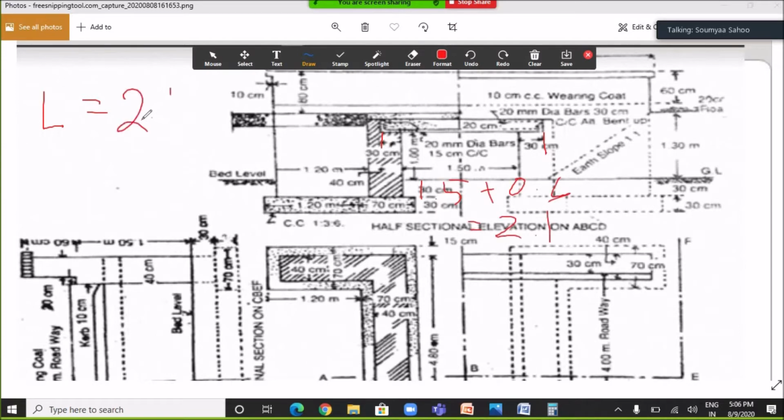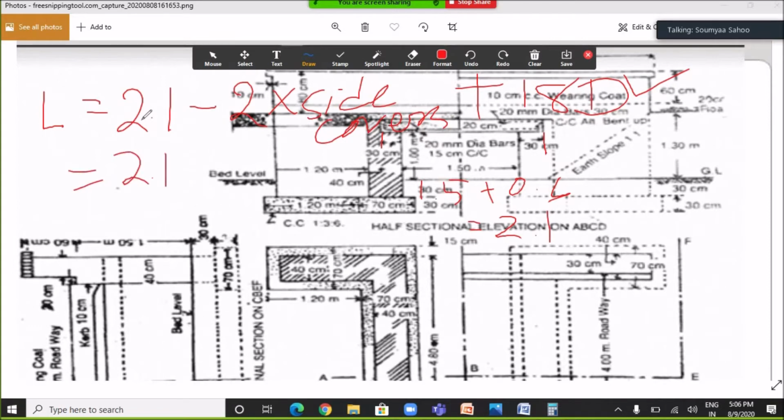So here 2.1 meter minus 2 side covers. We have to subtract 2 side covers. In slabs, usually 40 mm side covers are provided, plus 18 into D, where D is the diameter of the bar.